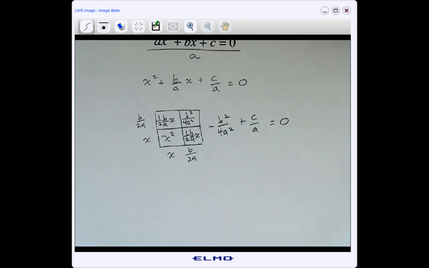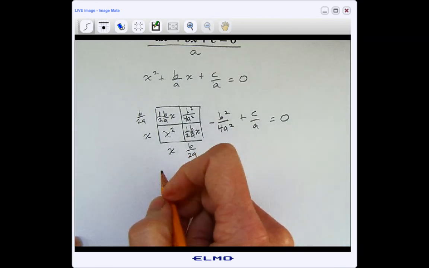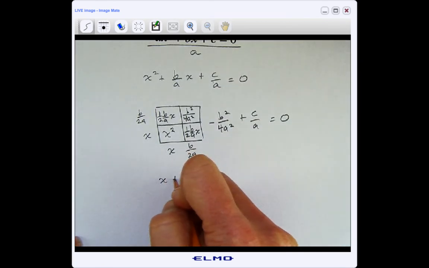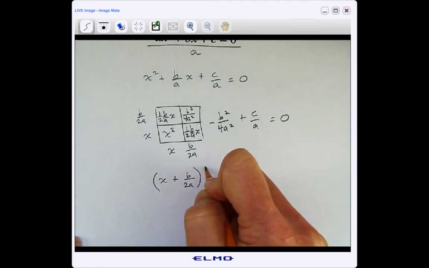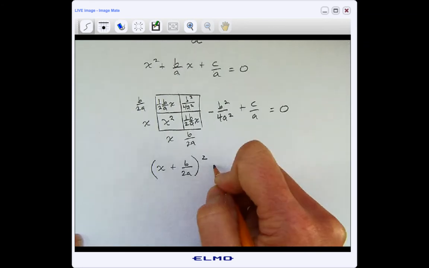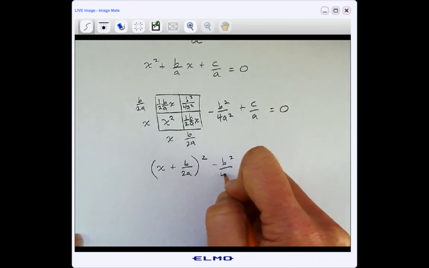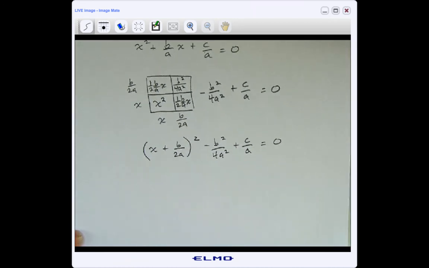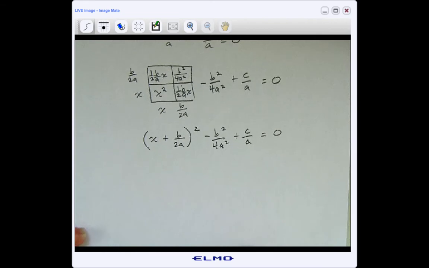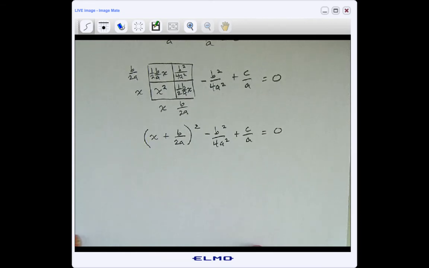Now I'm going to try and write this in perfect square form. So I've got x plus b over 2a squared minus b squared over 4a squared plus c over a equaling 0. Now I've got it in perfect square form and I'm going to try and solve it. What do you think I'm going to do next?